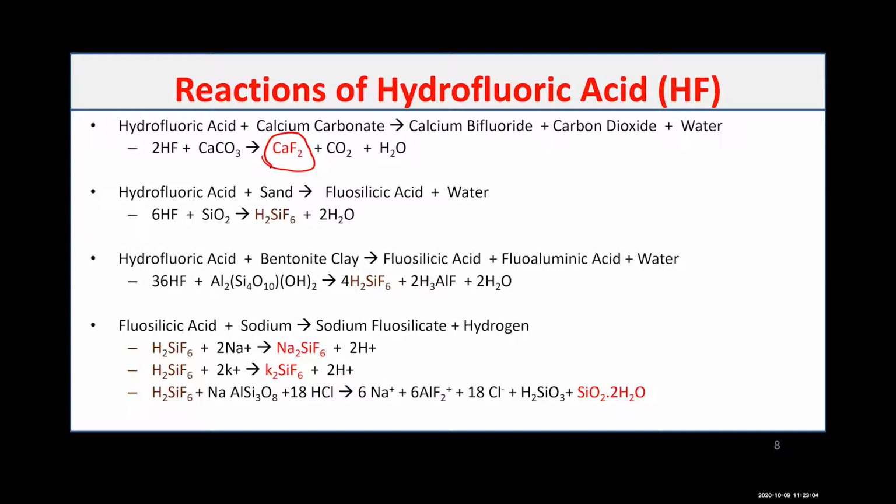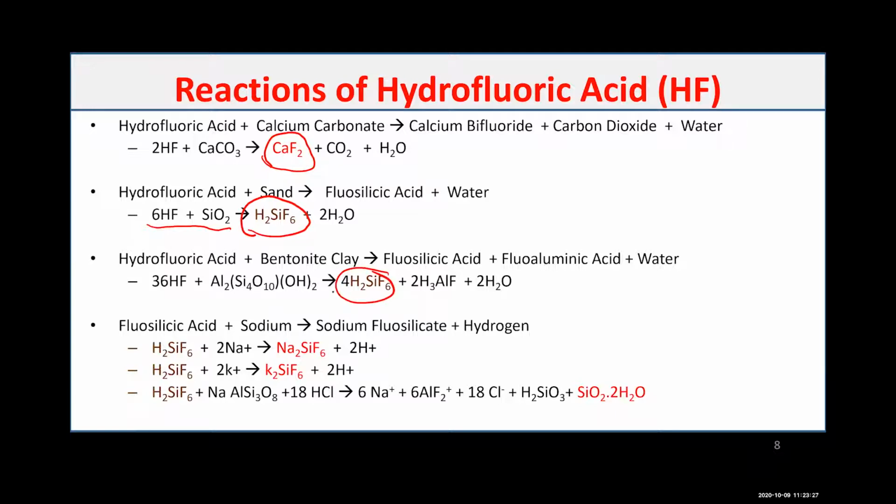The second part, when HF reacts with the silica, this reaction happens in two steps. The first is producing what is called fluosilicic acid, or when it reacts with a dolomite, it gives you the same acid, the fluosilicic acid.